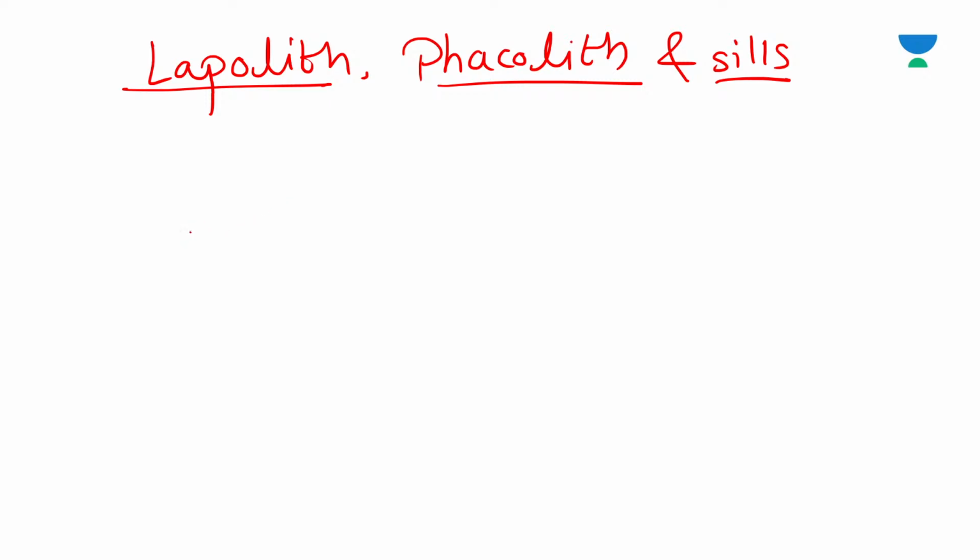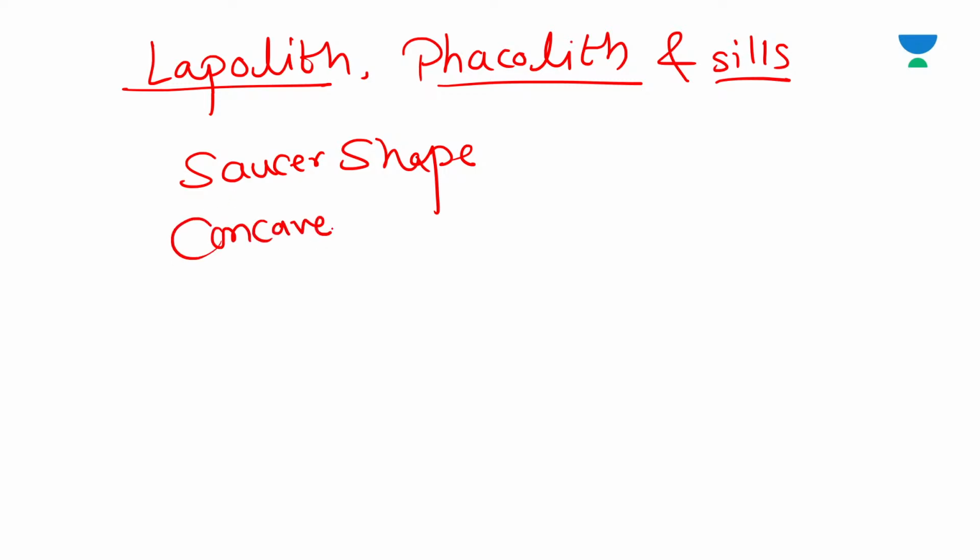In case it develops into a saucer shape, concave to the sky body, it is called lapolith.